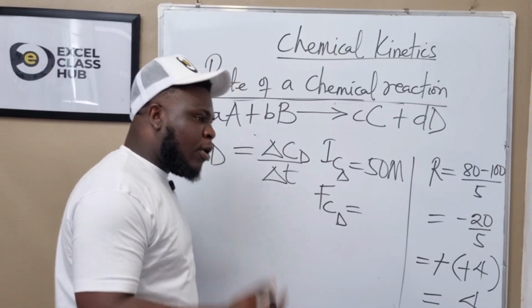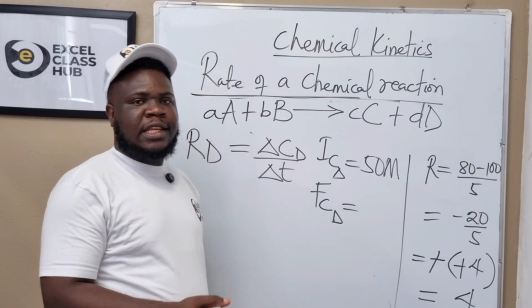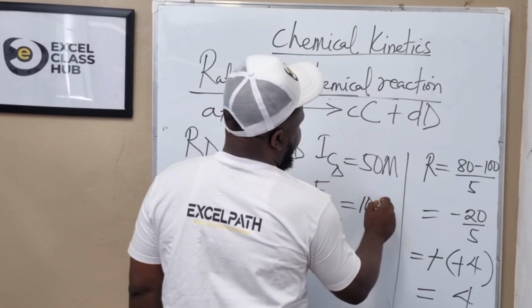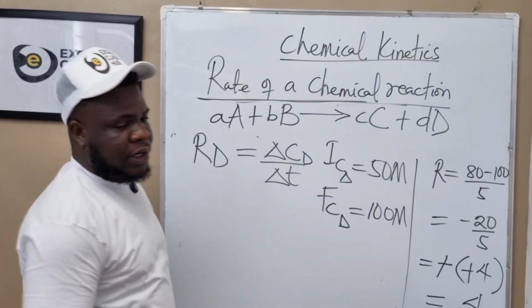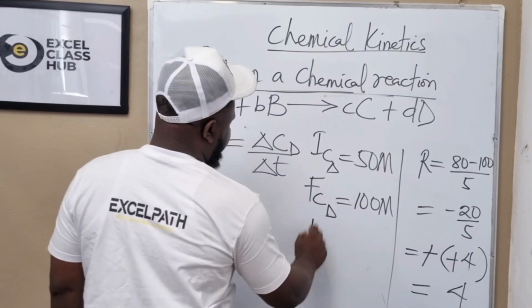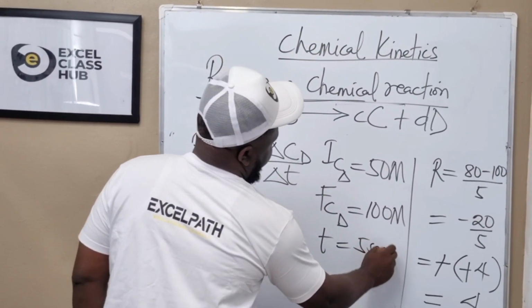Why? Because the concentration of product increases with time. So we can assume something like 100 molar, for example. Let's say that this concentration is changing at a time t equal to 5 seconds.